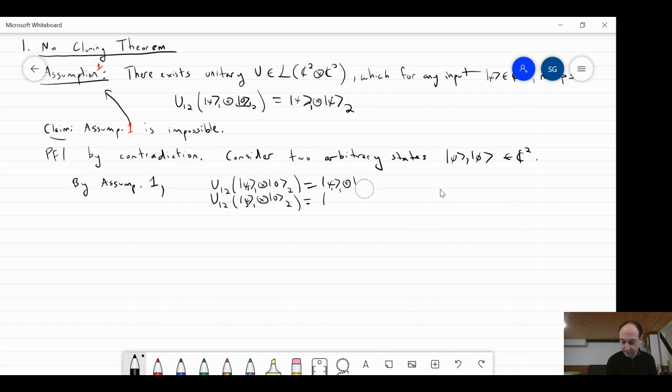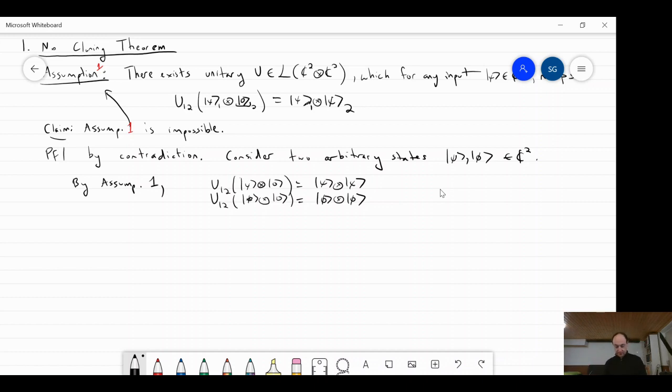Good. So here I want to say psi tensor 0 goes to psi tensor psi, and phi tensor 0 goes to phi tensor phi. Okay? So this is the assumption.